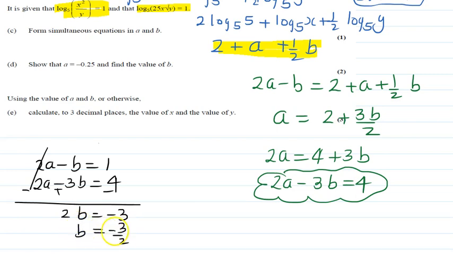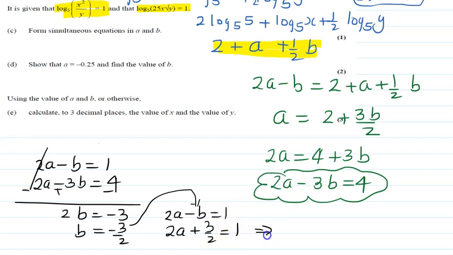So b is minus 3 by 2. Now if we put b equal to minus 3 by 2 in this equation, 2a minus b equal to 1, it will be 2a plus 3 by 2 equal to 1, and once we solve it, we get 2a equal to 1 minus 3 by 2.